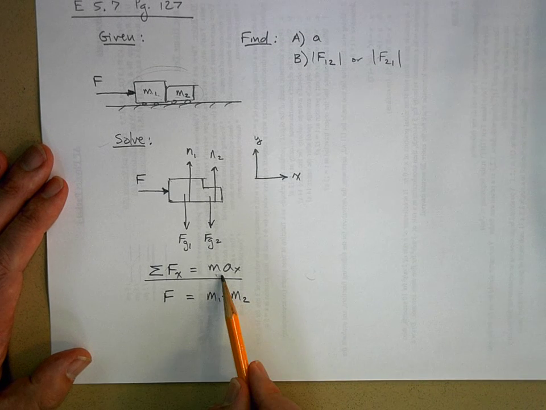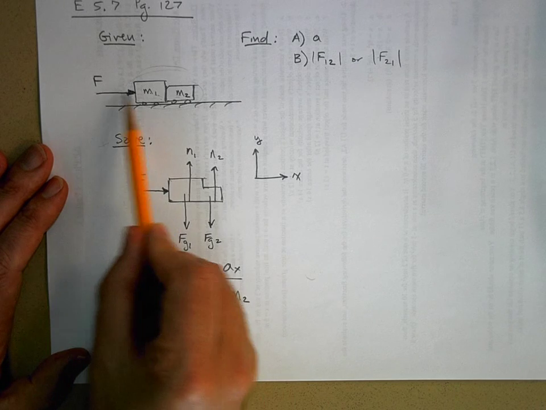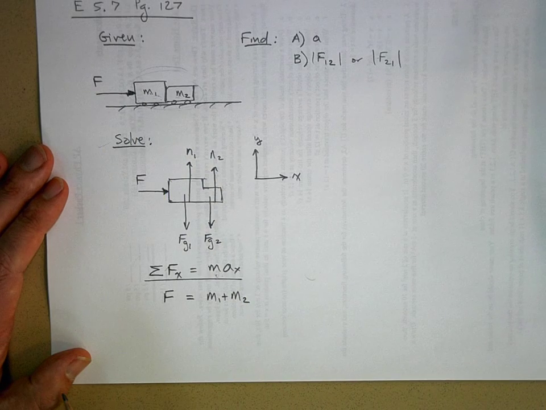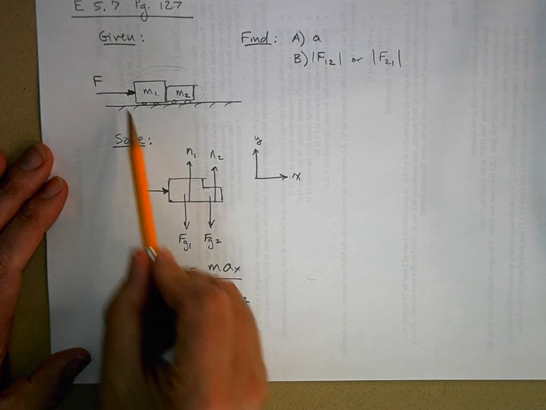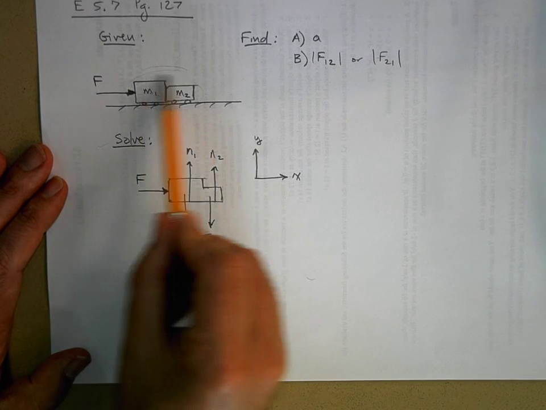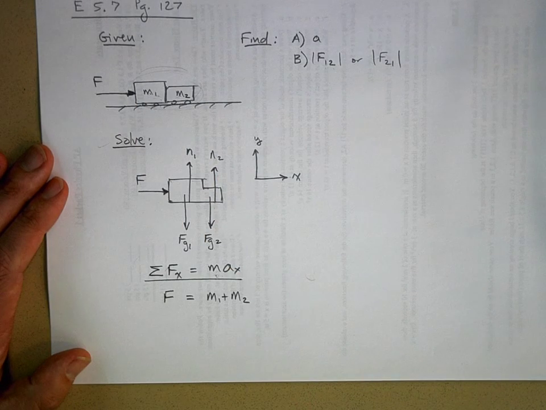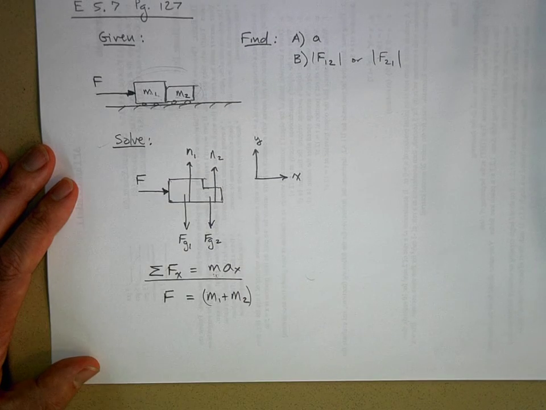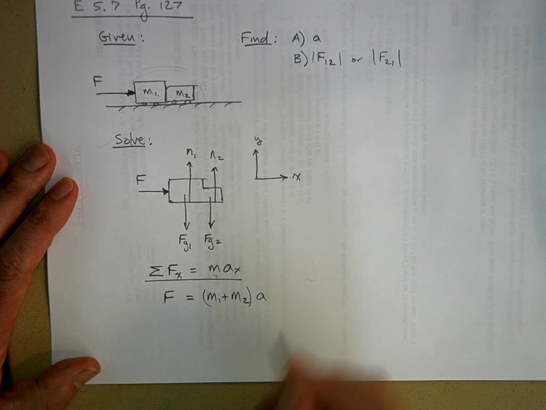A mistake that some students will make is, yeah, but the force is only contacting M1. Doesn't matter. This force is accelerating the system. So you have to include the mass of the entire system. So this is the mass of the system that is accelerating, times a.